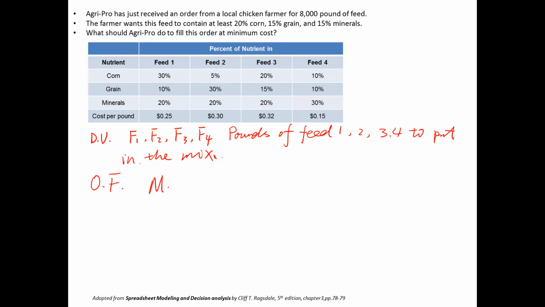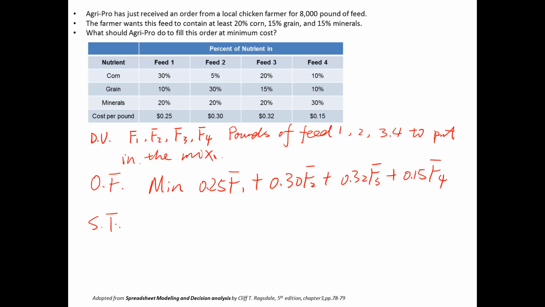We want to minimize total cost, so it would be 0.25 F1 plus 0.30 F2 plus 0.32 F3 plus 0.15 F4. So that's our objective function, minimize the total cost.